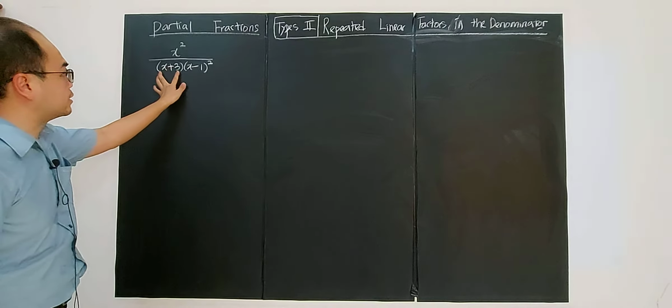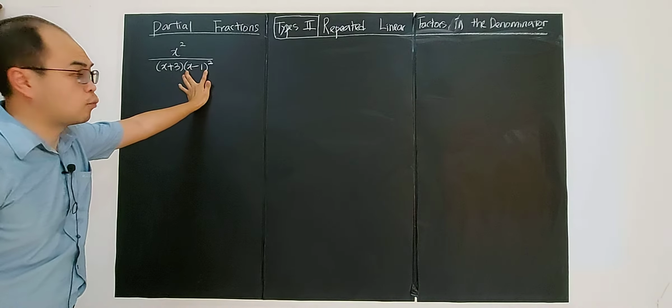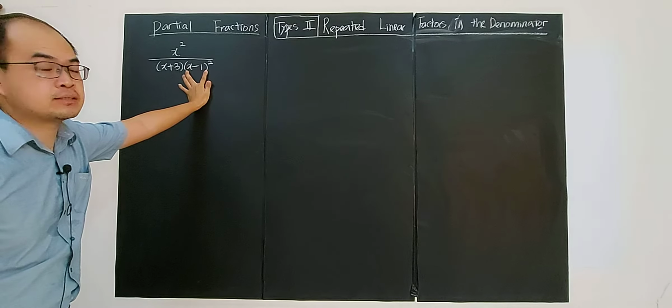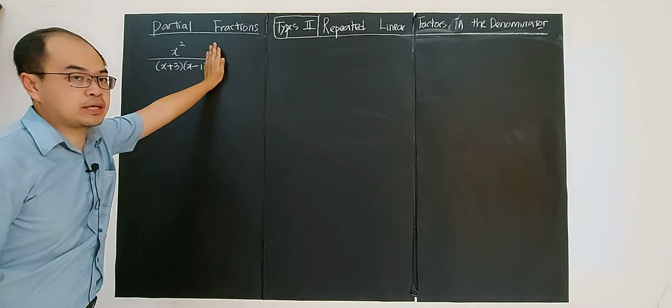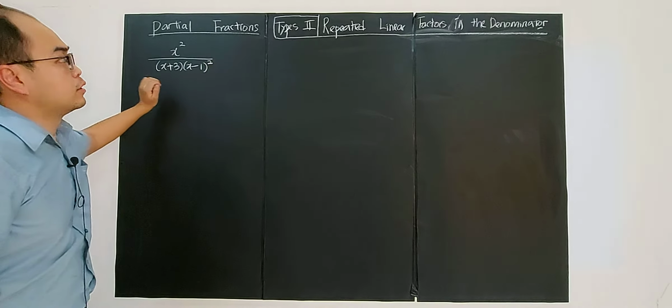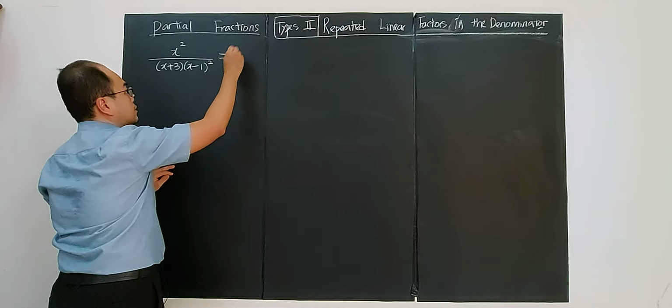But you see that in the denominator there is a repeated linear factor, which is x minus 1 to the power of 2. Without the power of 2 it is okay, but with the power of 2 here, you have to consider type 2.